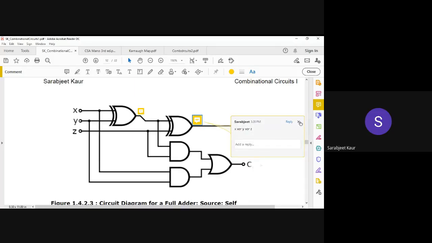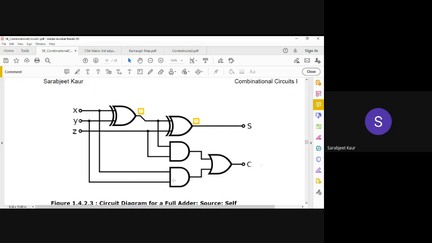Okay. And this is the sum. So this gives me the sum. For carry, I'll borrow x and z, right? Then x and y.